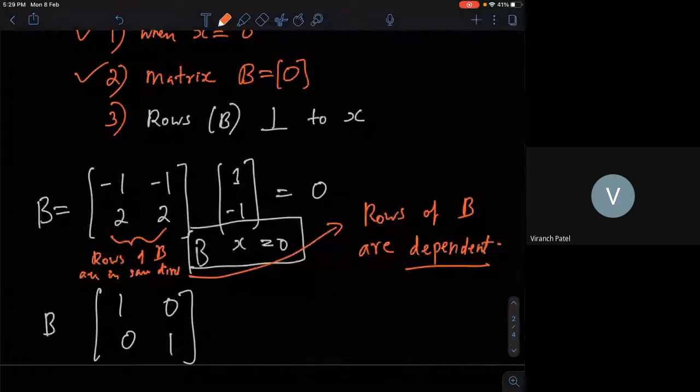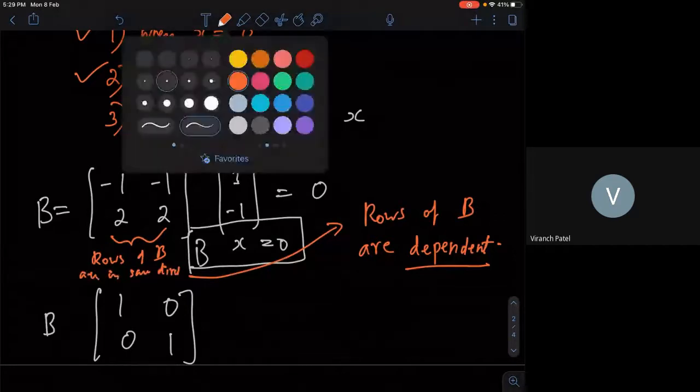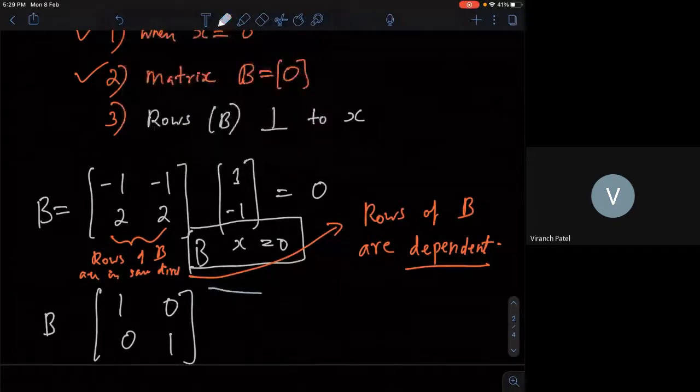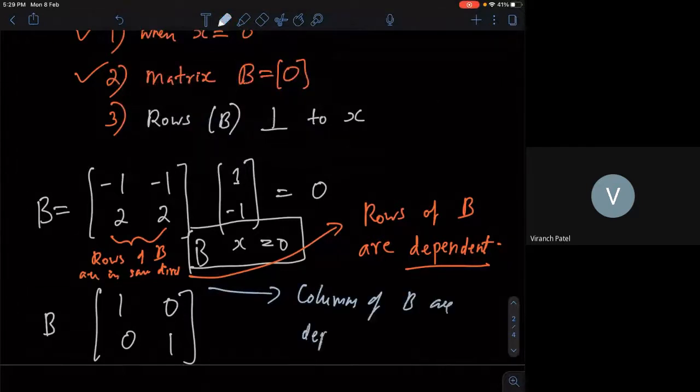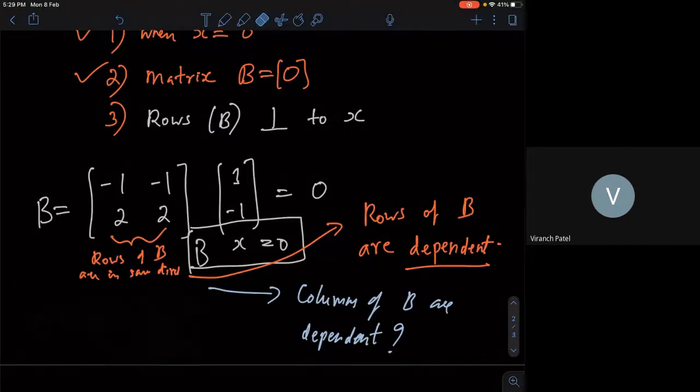Is it really about rows of B being dependent or columns of B being dependent? Shall I talk about columns of B being dependent? Can I say that? What do I mean by saying that columns of B are dependent?